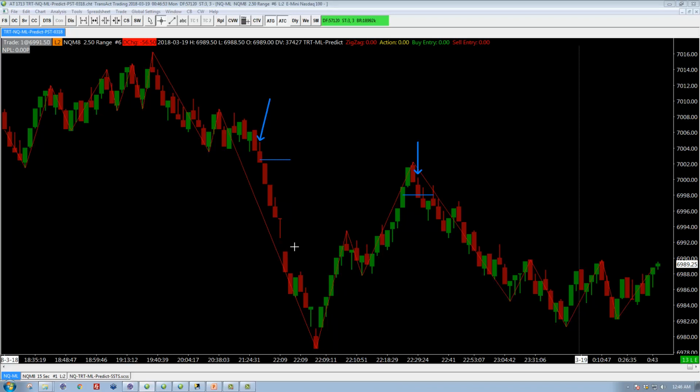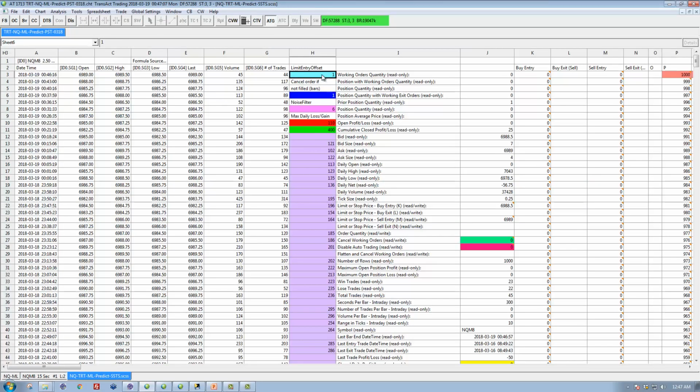The alternate case is it can be too aggressive, and you'll place that order and then get stopped out because you weren't conservative enough. So there's a balance there that you have to find. So I'm using in the NASDAQ 1 tick back on the limit entry offset and cancel the order if I'm not filled on the next bar.